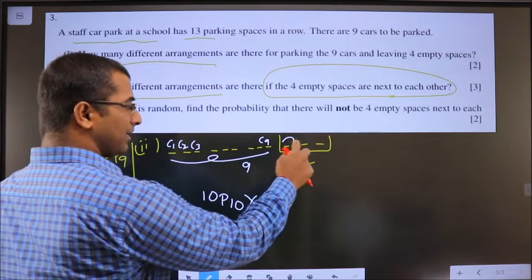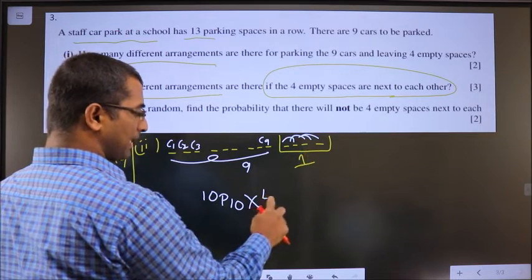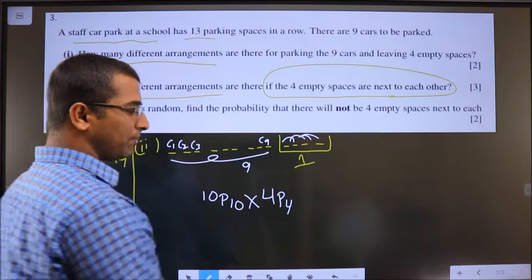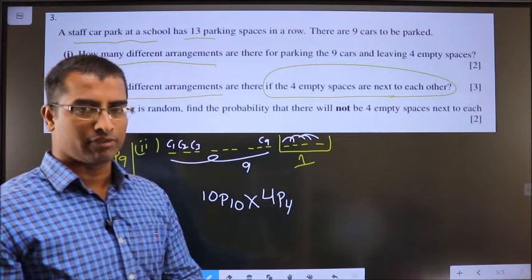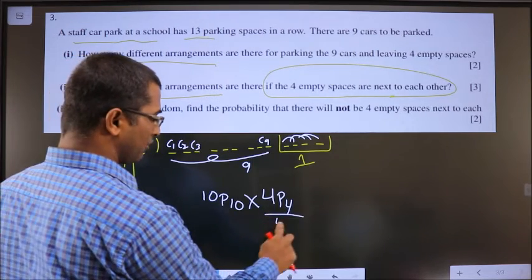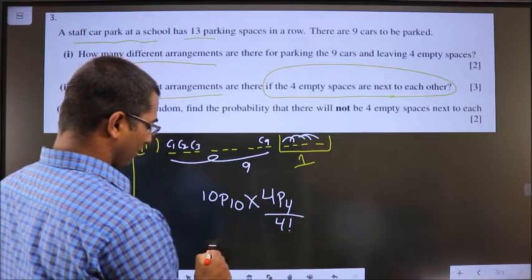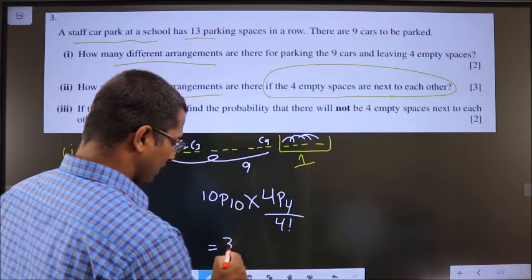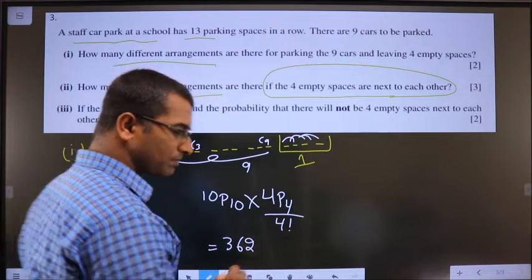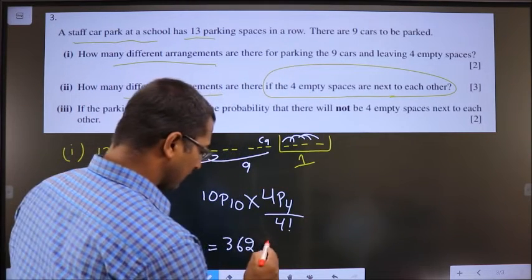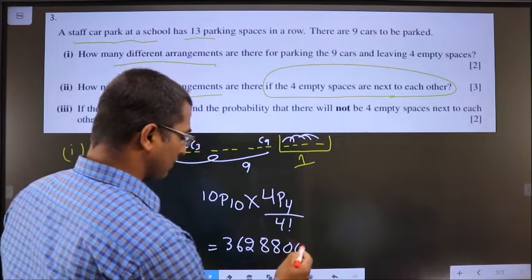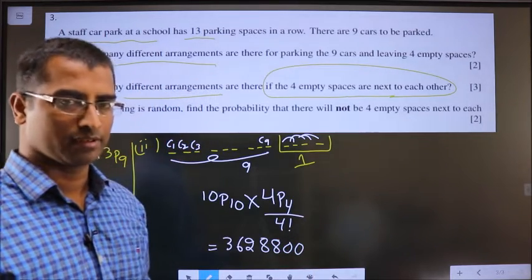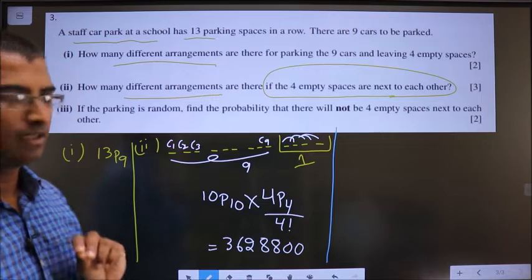Now, inside shuffling, these 4 empty spaces can be shuffled in 4P4 ways. And also all the 4 are identical, so divide by 4 factorial. If you put this in the calculator, you get the answer to be 3628800.